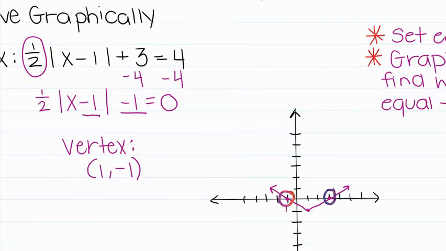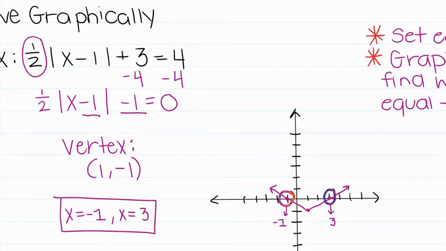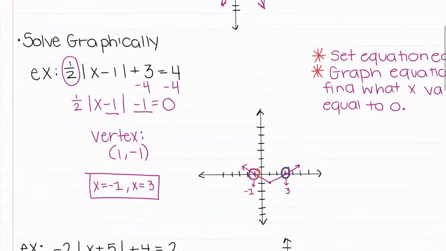I know that this number right here is -1, and this one right here is 3. So your answer would be x equals -1 and x equals 3. That's when it's equal to 0. So that's your learning one.